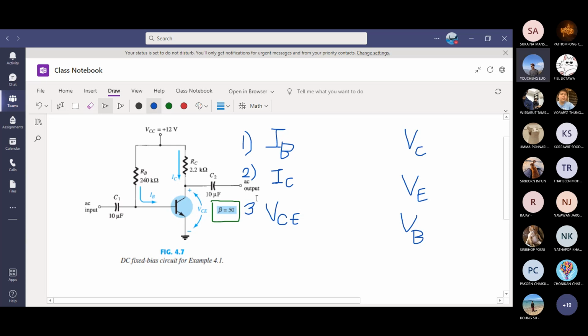Yu Cheng, you are number 3, VCE. Sheshehan, number 4, VC. Number 5 is for Patompong. Tumsu will solve for number 6.